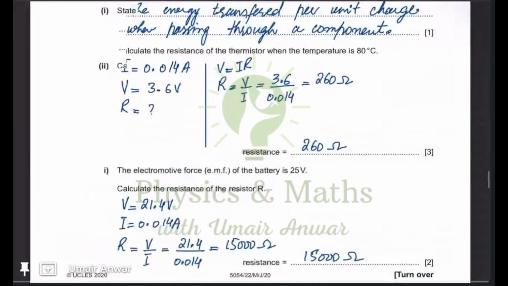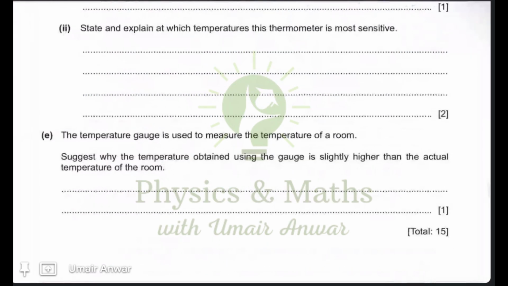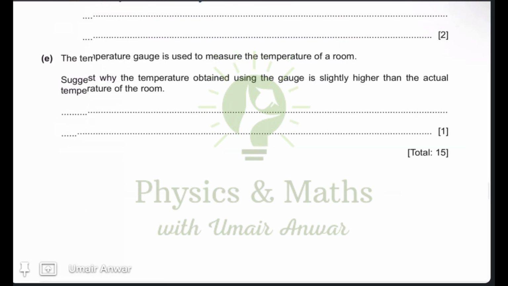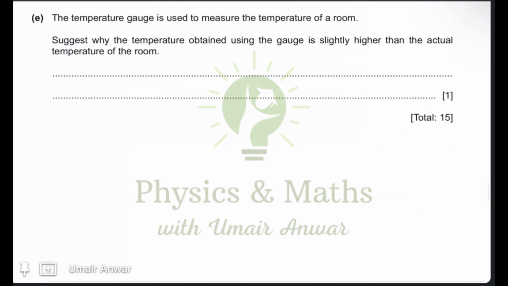So it means that it is more sensitive at higher temperatures, and the reason is because there is a larger change in the current. So the region where it is showing the larger change in the current, that is where the thermometer was more sensitive.